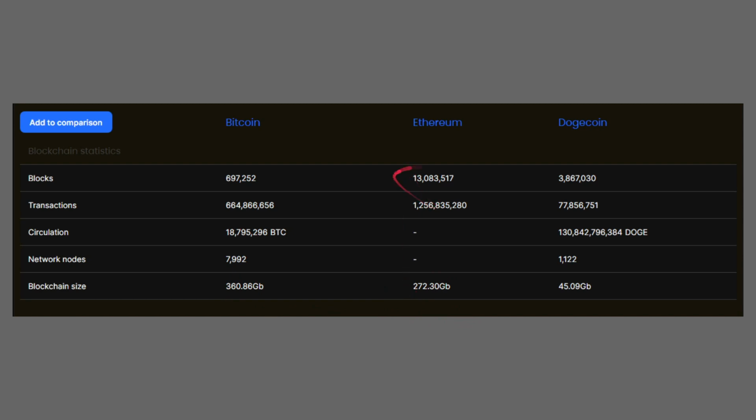And even though Ethereum has more blocks, arguably almost more than twice the amount of blocks, is really only 697,000 blocks compared to Ethereum's 13 million. The Bitcoin blockchain is larger, suggesting that maybe the blocks have more data in them. They're larger blocks.